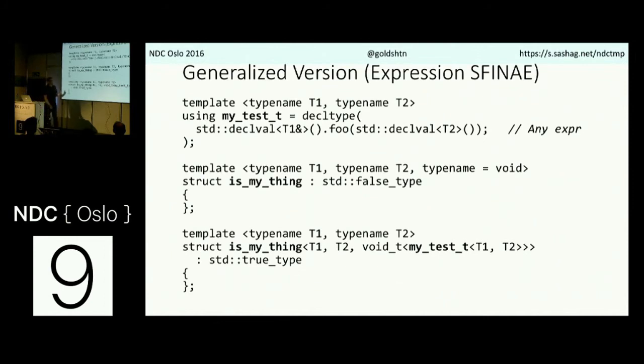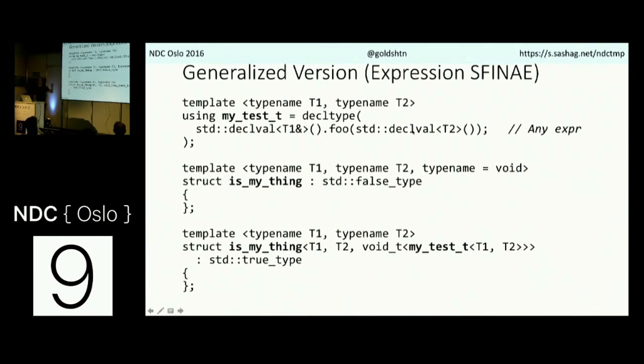So if I want to test that a certain expression, arbitrary expression pretty much on arbitrary types, makes sense, and that's the trait I am checking for, that's the property I'm testing for, then the general recipe would be we define an alias template for that specific test. And it's basically just the decltype of whatever this expression returns.